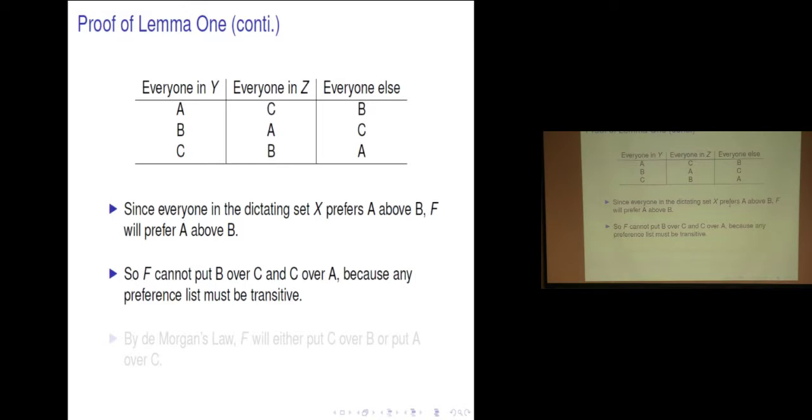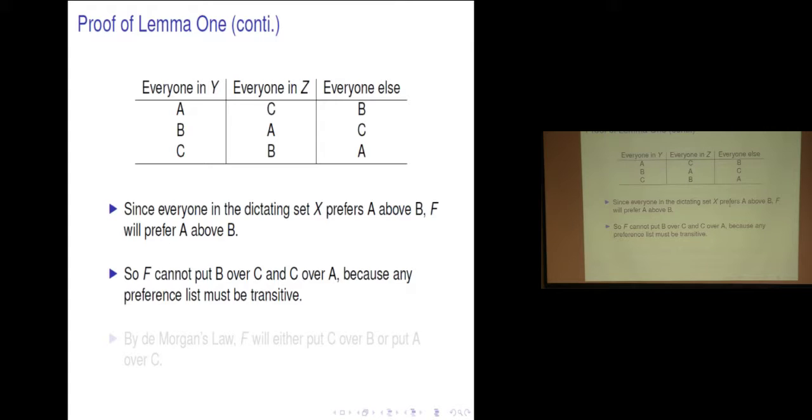When we talk about the ballot, the preferred list has to be transitive. That's the assumption. So F must produce a preferred list, so he has to produce a transitive thing.